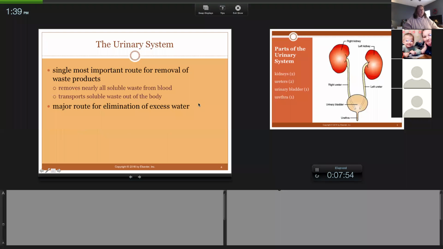Okay, so this is the single most important route for the majority of wastes. Now, I've already impressed upon you that the liver processes food and wastes, or nutrients, I should say, from the intestine. But if we're talking about excretion of waste, the kidney is our number one way. Anything that's soluble, meaning it can pass from the blood into the kidney, is dissolvable.